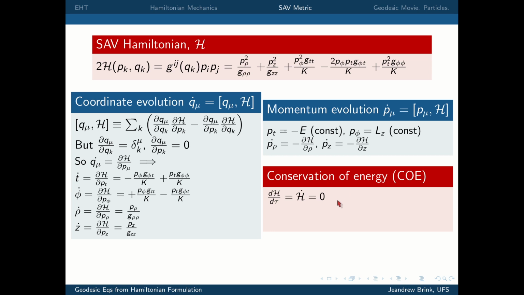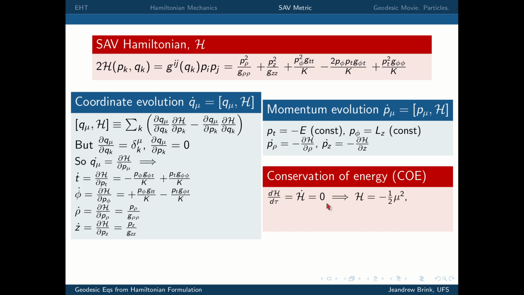Possibly the most direct with the tools you've been given is to differentiate H with respect to its coordinates and momenta, and using the chain rule multiply by the corresponding evolution, dH/dpk times pk dot plus dH/dqk times qk dot. Using the definitions for p and q's evolution, you can show that H dot is in fact 0.